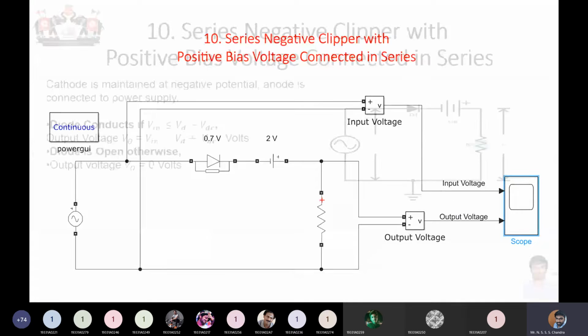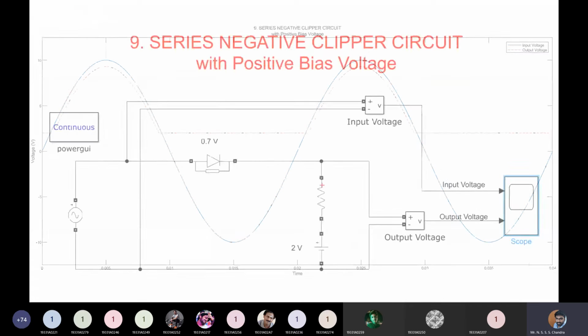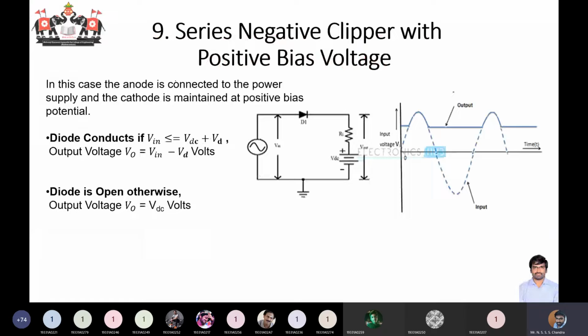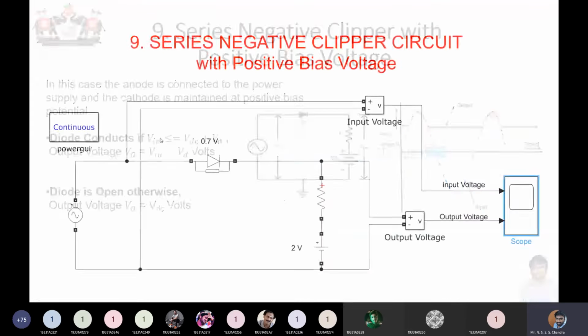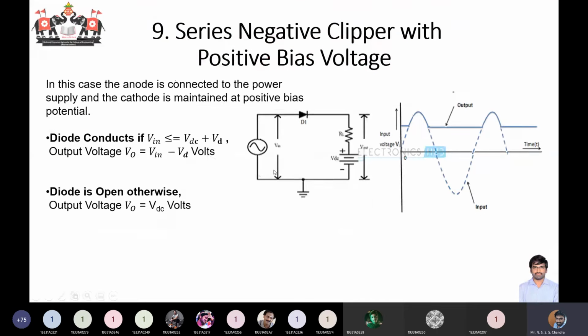If we go back, here we have seen series negative clipper with positive bias voltage. So everything else of the circuit will remain the same. Only thing is that in place of VDC, we have to write minus VDC.